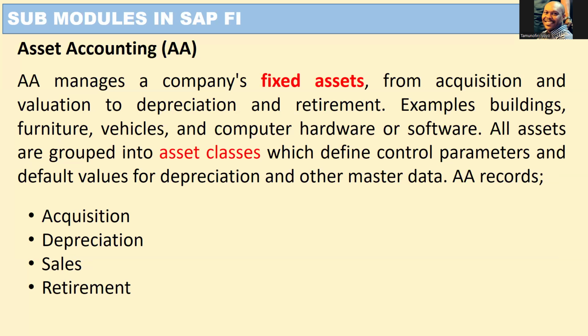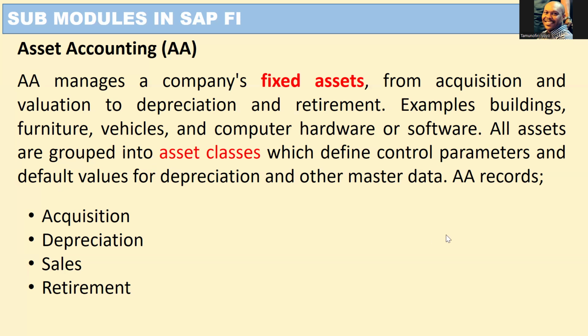An asset class is a classification that groups assets with similar characteristics. Asset classes determine the default values and depreciation rules for assets in any company. That's what an asset class is.